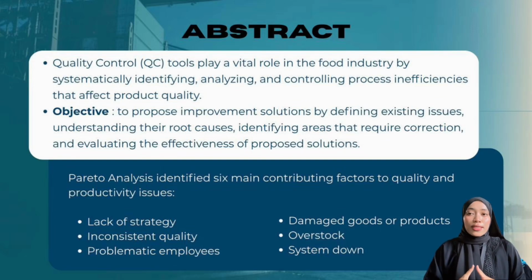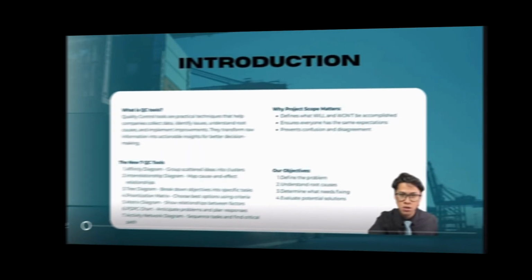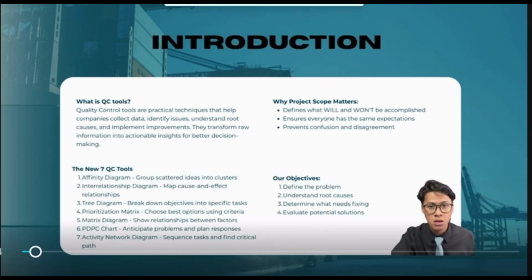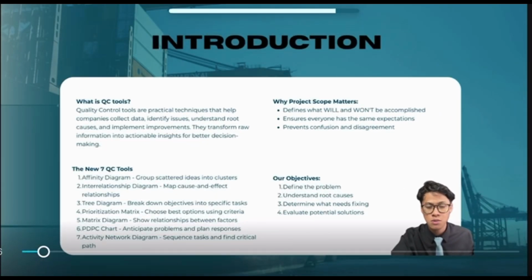Through this case study, it will be useful as a guideline for companies to improve their production and quality performance. Introducing quality control tools and how they help us solve problems systematically.